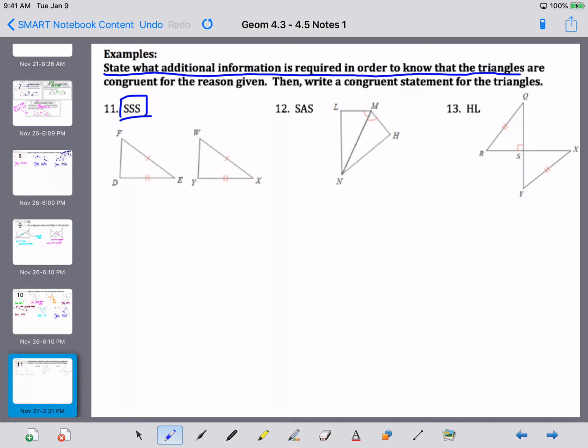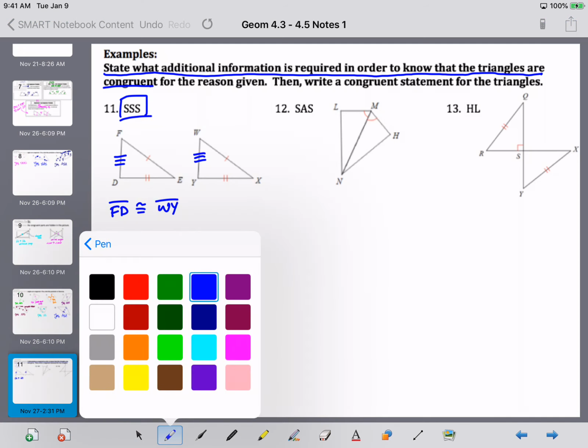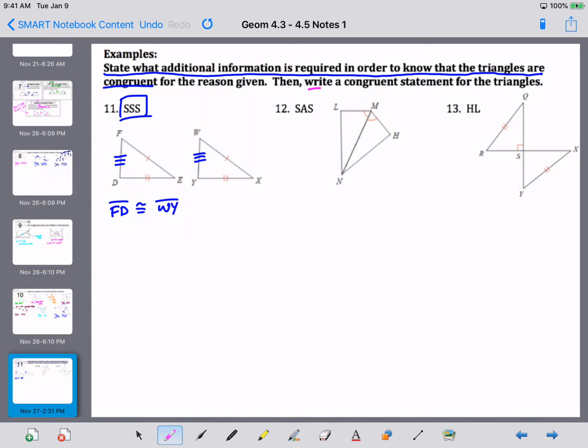Well, we would also need to know that this side was congruent to this side. So we'd need to know FD is congruent to WY. And if we knew that, then we could write a congruent statement for the triangles.